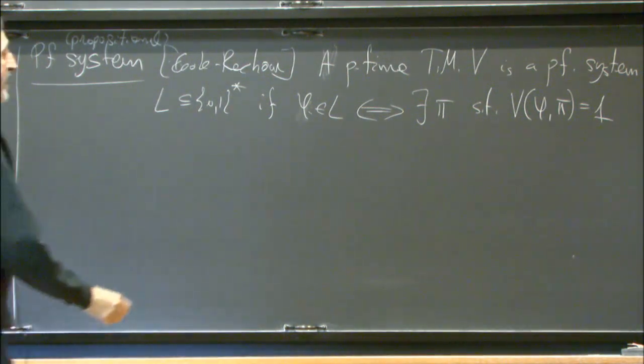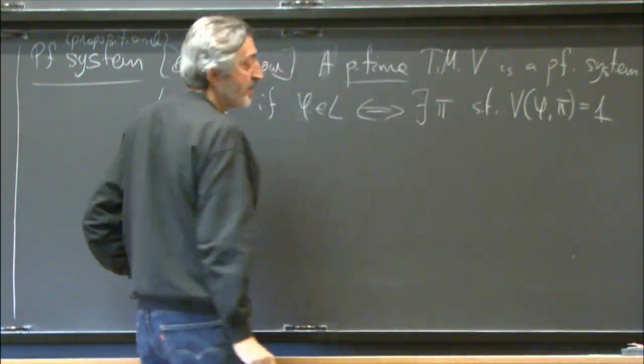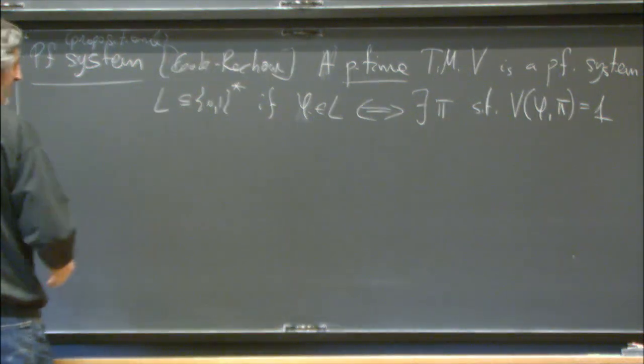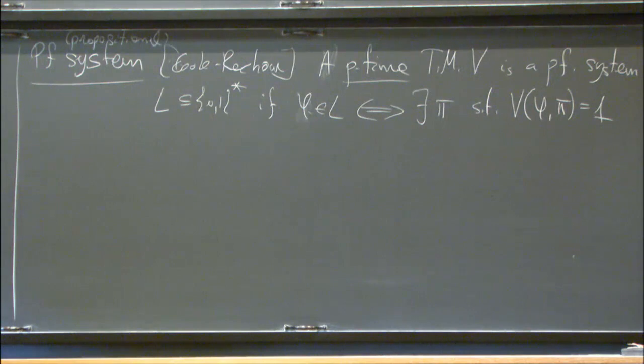What's important is that the machine is polynomial time in both inputs. So the proof may be long, but verifying it is polynomial time in the length of the proof. And we said that what we are interested in is proof length. That's a major object of study here.